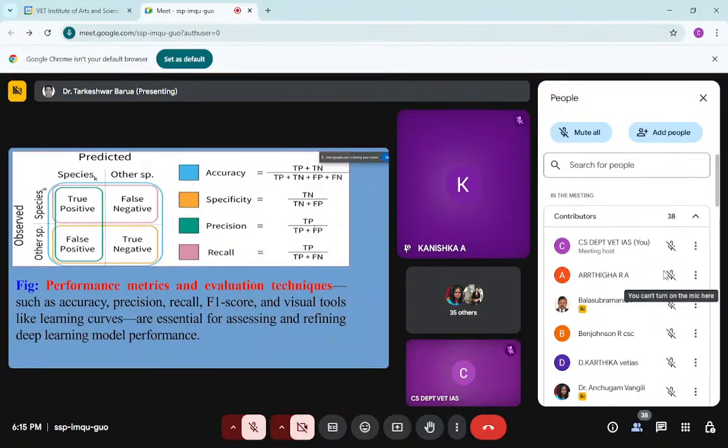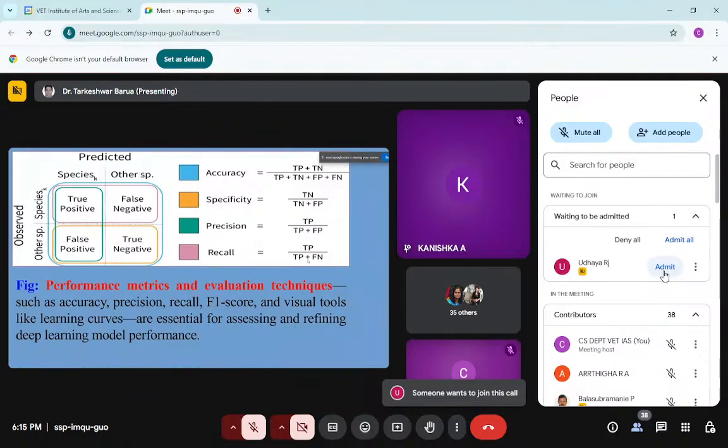Precision is true positive upon true positive plus false positive. Recall, we can write as true positive upon true positive plus false negative. So from this performance matrix, we can calculate accuracy, specificity, precision, and recall.